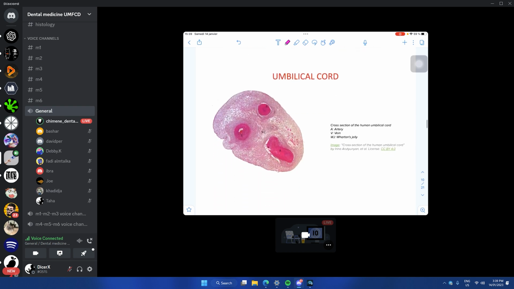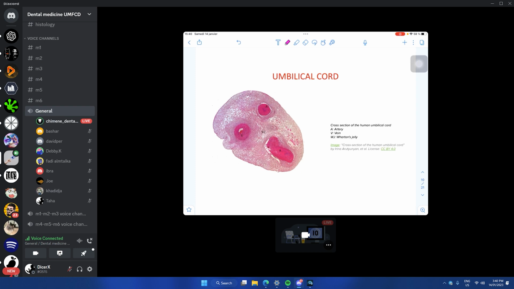Now for the umbilical cord. I have some information to tell you about. My own notes for the placenta and the umbilical cord are also on the Google Drive. I've already talked about the umbilical arteries and the umbilical vein. In the umbilical cord, you have to tell your professor that you have three vessels, and there are two types: the arteries and the vein.